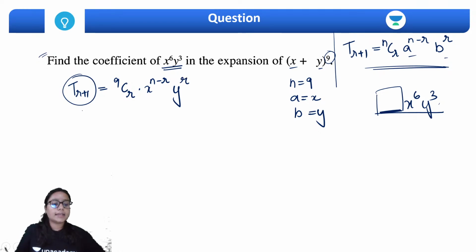Sorry, n is 9 here, so I am going to put 9. Alright, is this step clear? This is the form of the general term of this expansion. Yes, Prakhar, Praveen, is this clear?